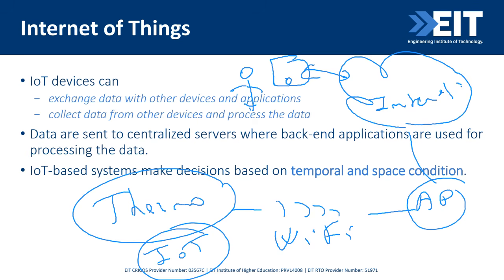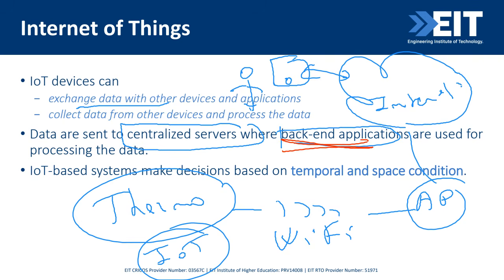So they can exchange data with other devices, they can collect data from other devices, they can do computations locally, but in reality, what the IoT system would be about is that those sensors will be sending their data to some centralized server, to some computer, and some back-end applications. And those back-end applications and computers are the ones that will be doing the final decision.